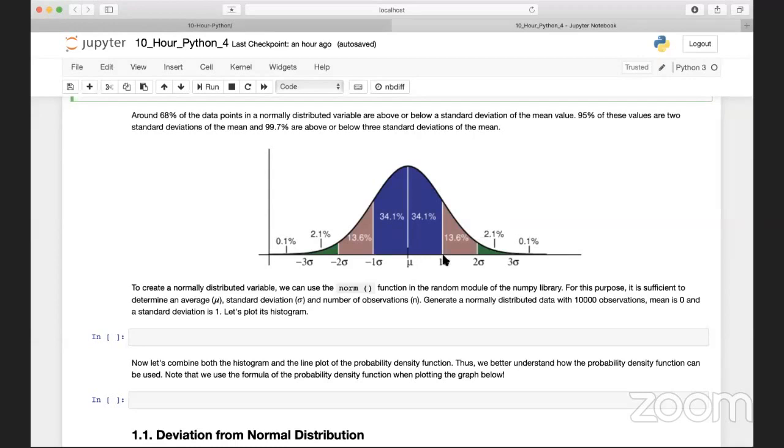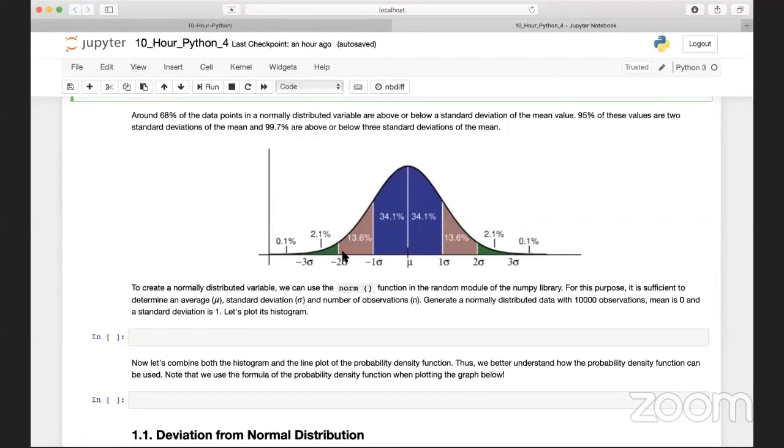If we go to the right by one standard deviation in a standard normal distribution, it covers 34.1% of the data. Okay, so this part includes 34.1% of the data. If you move by 2 standard deviations, it covers almost 48% of the data.